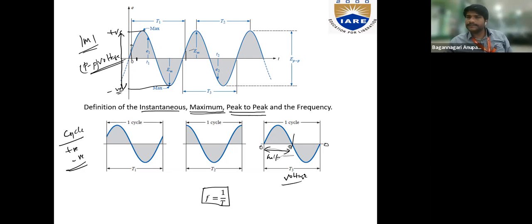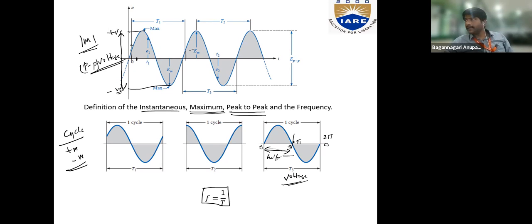This is 0, this is 180, say pi, and this is 2 pi, right? We know this. So a half cycle is between 0 and 0, and what do you mean by a full cycle?